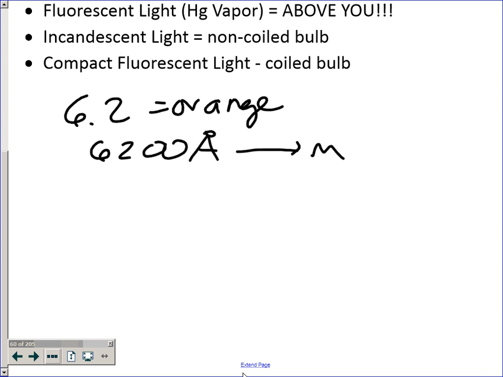So about 3.2 times 10 to the negative 9.